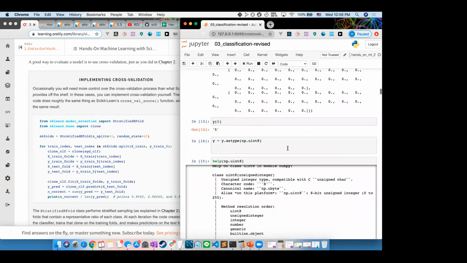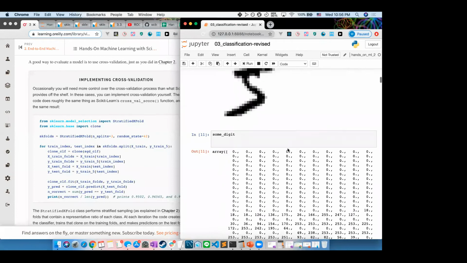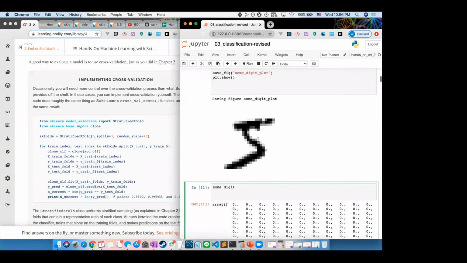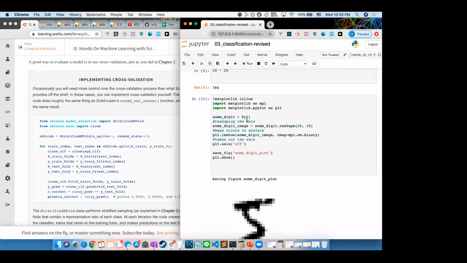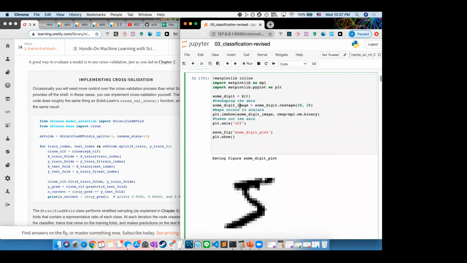It shows that it is number 5, but is it a particular number 5 in the test set? Yeah, it's actually the first image. It is the first digit. The first image in the X array, in the training set.